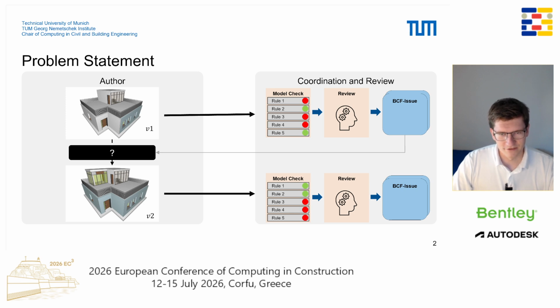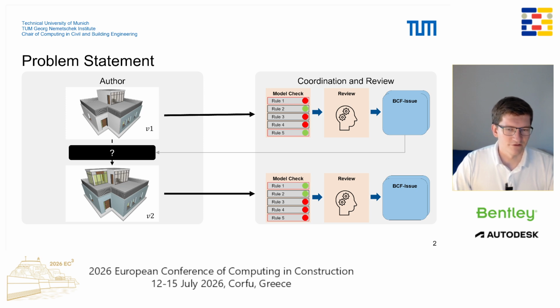What we can already see here is that we perform essentially the same checks. However, in this mockup, for example, rule 1 failed in the first run but passed in the second version, whereas rule 5 was evaluated positively in the first run and now returns an error or some warning that needs to be evaluated.